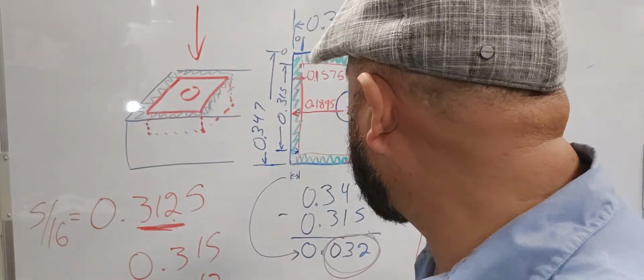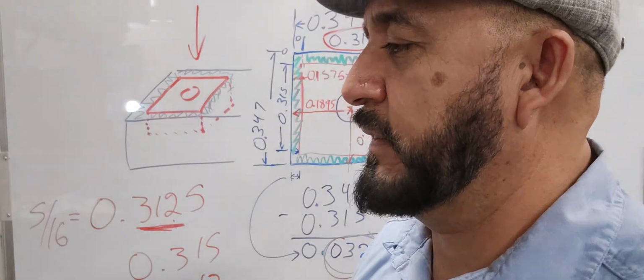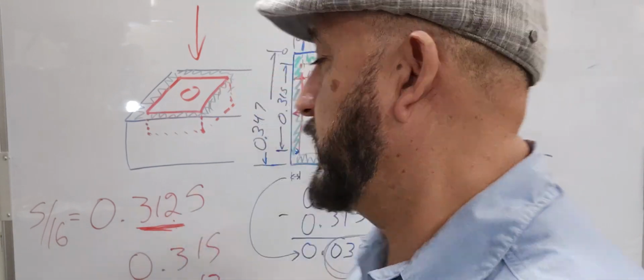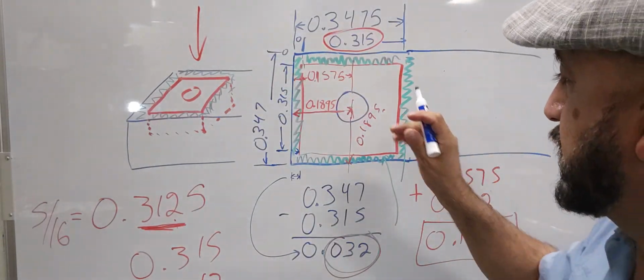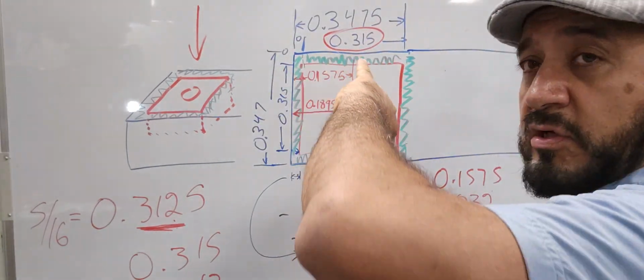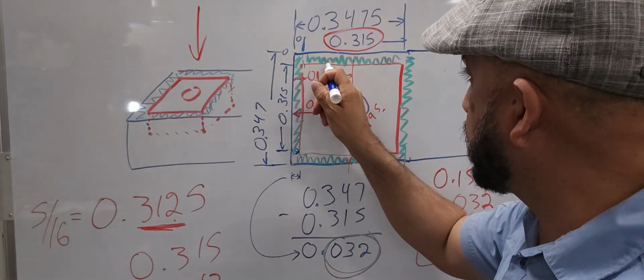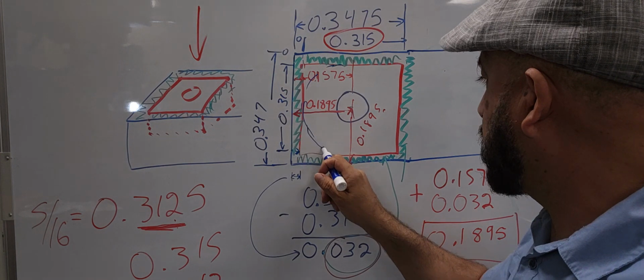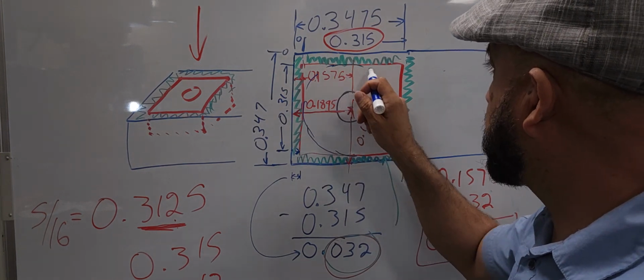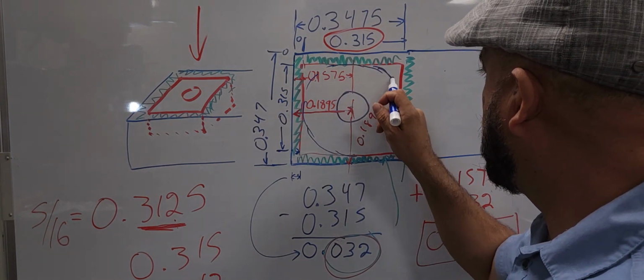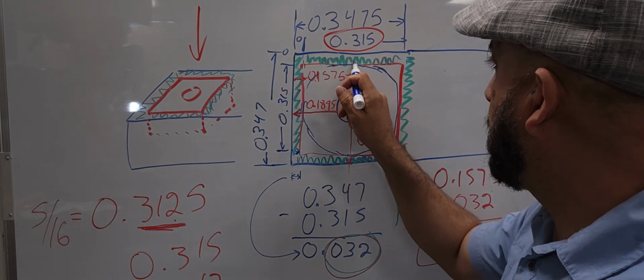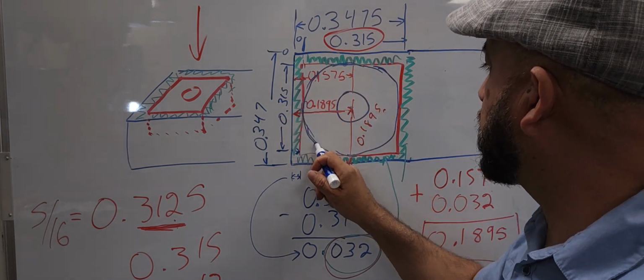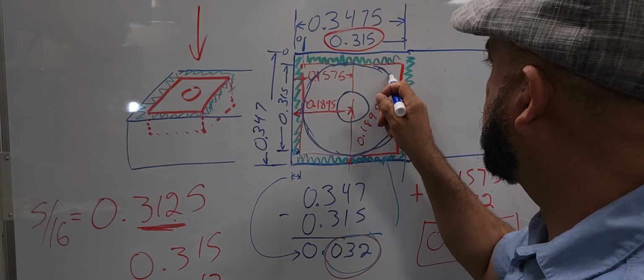But that big pocket is only going to make something that looks like this. So as the cutter goes in and cuts this material, it's going to remove this material. It's going to look like this. A big blue area. The cutter is going to cut something like that.